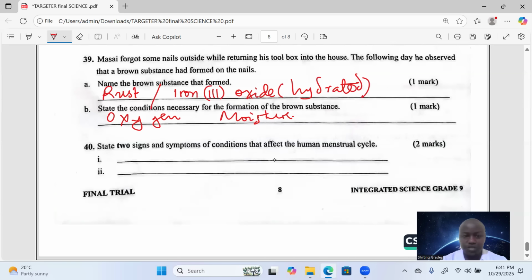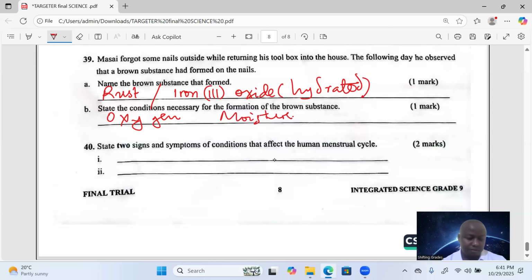We are told to state signs and symptoms of conditions that affect the menstruation cycle.